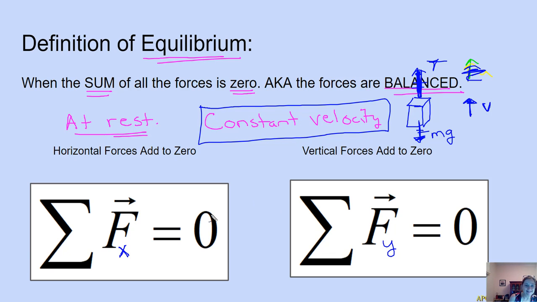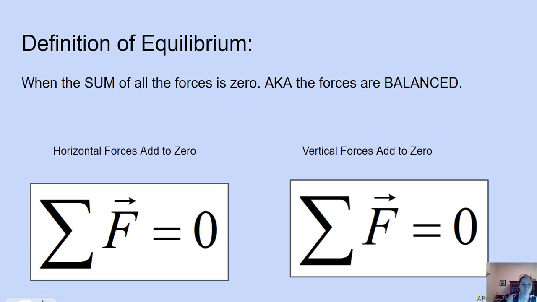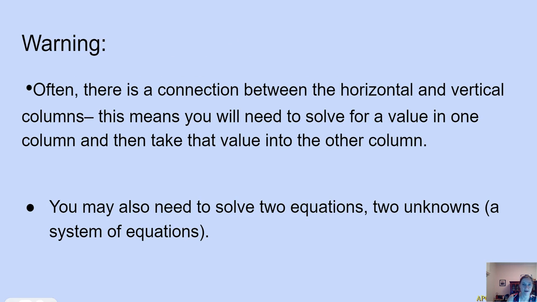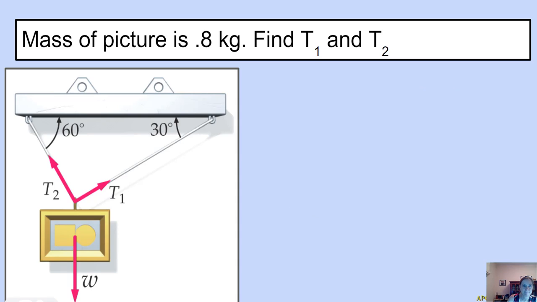It is entirely likely that a problem might be accelerating horizontally and not vertically, or vice versa. You can use the clues in what's happening to understand whether that's true or not. But what we're going to practice now is both balanced. If you want to pause the video and write any of this down, go ahead.